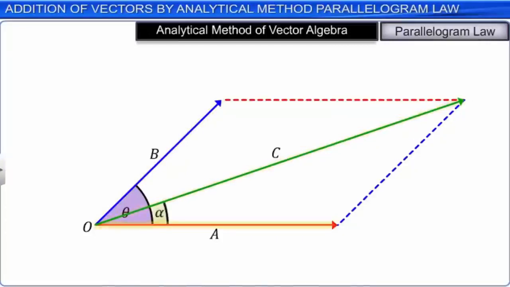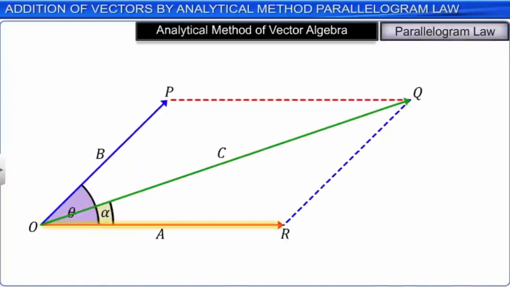In this figure, OP represents vector B. OR represents vector A, and OQ represents the resultant vector C. Extend line OR.